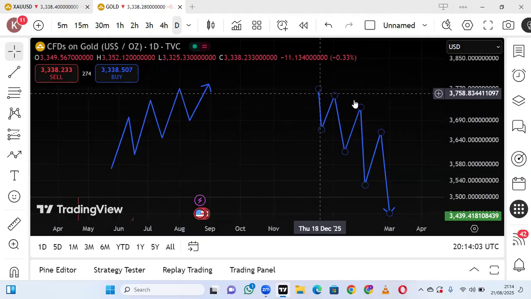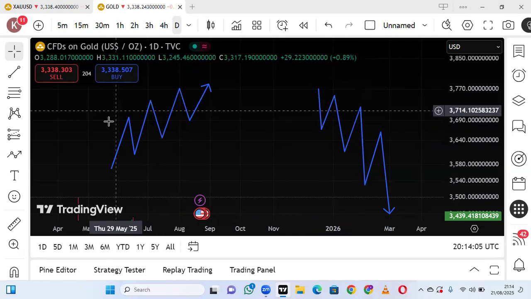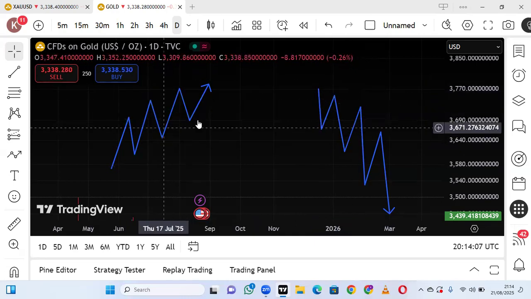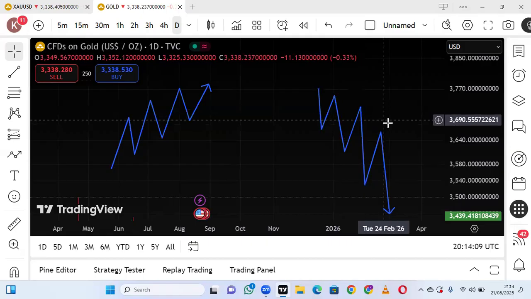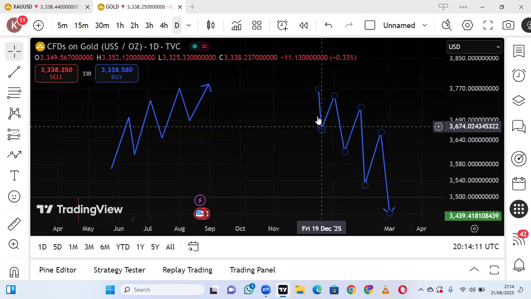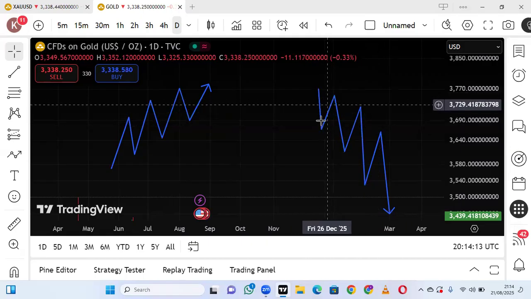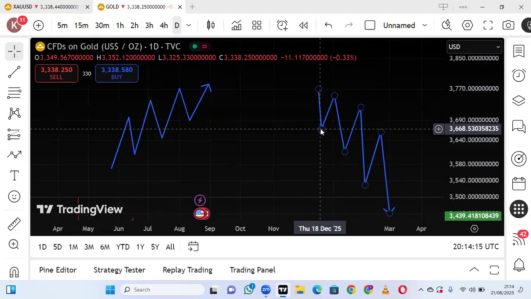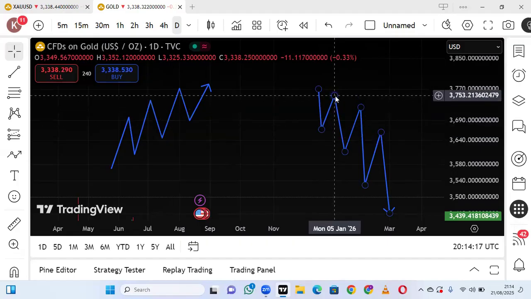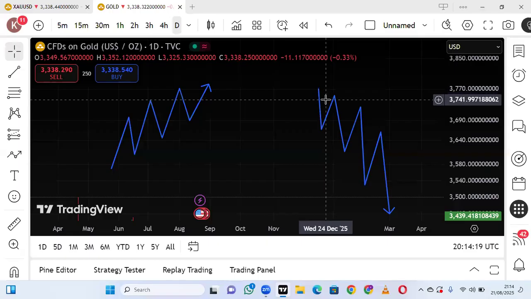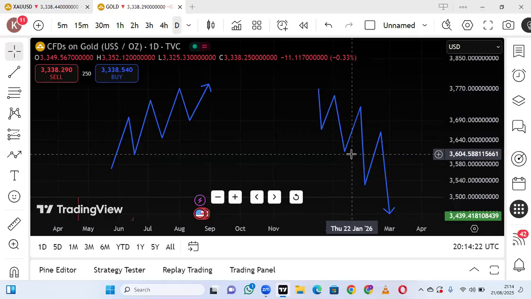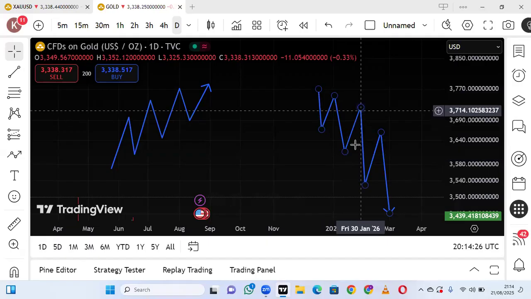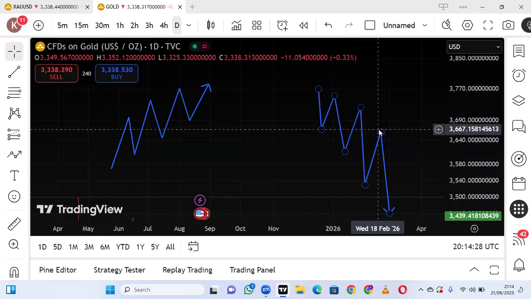So same as the sell, the one for sell. This is the one for buying position, and this is the one for selling position. This is external. This is internal. It's going back to fill some gap before dropping again. External, internal, external, internal.